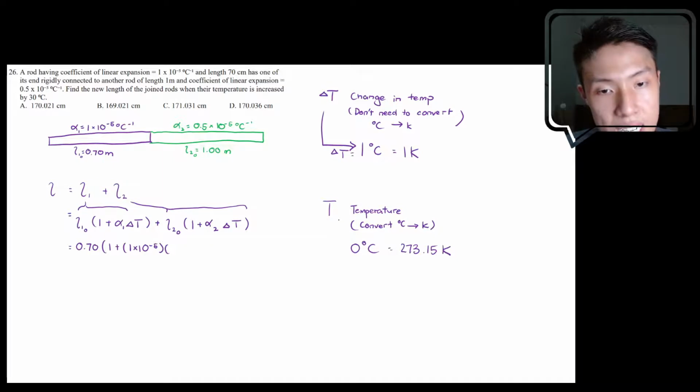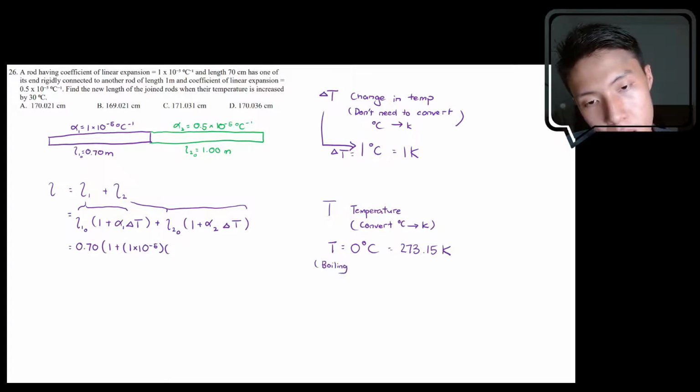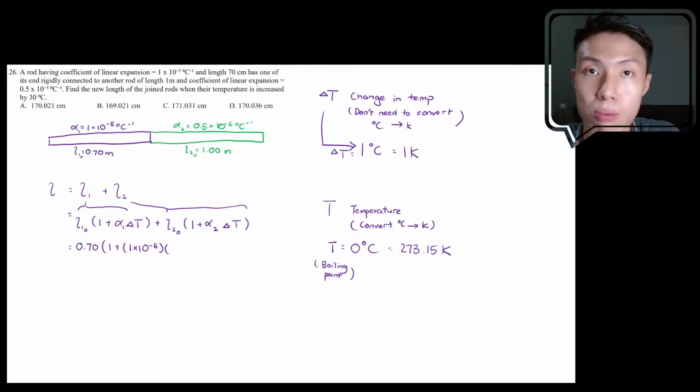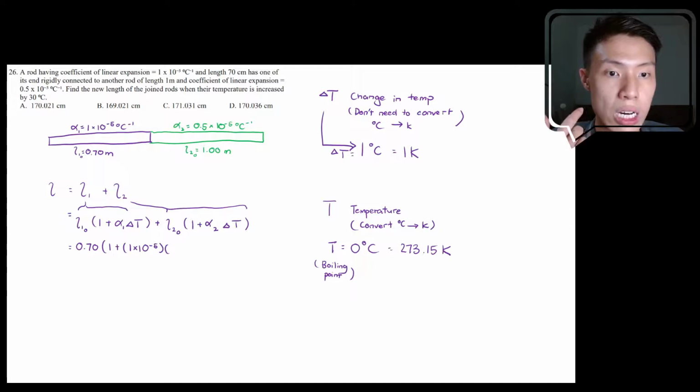Okay, so this is the temperature. In this case, this is the boiling point. So for this situation, because you're not interested in the change, you're interested in the actual, absolute temperature for that particular material, therefore you need to convert it into Kelvin.